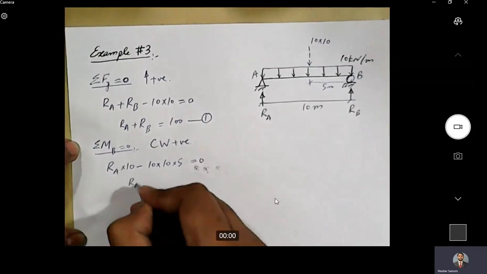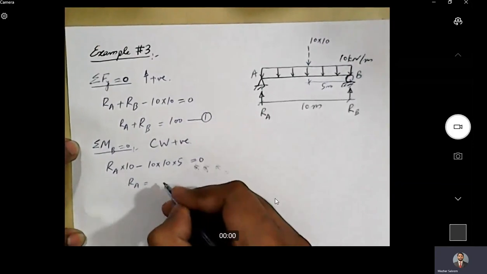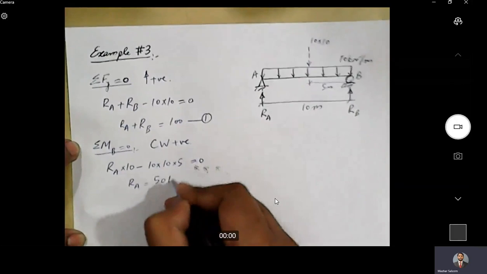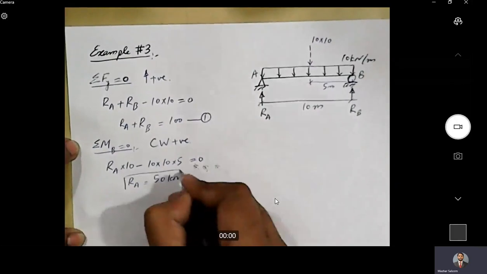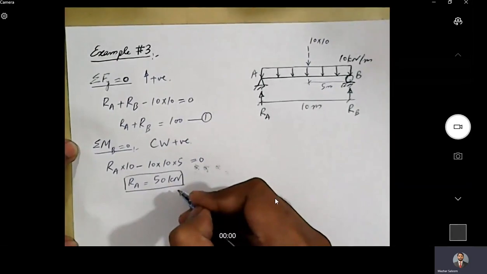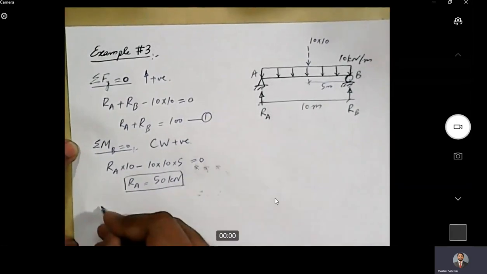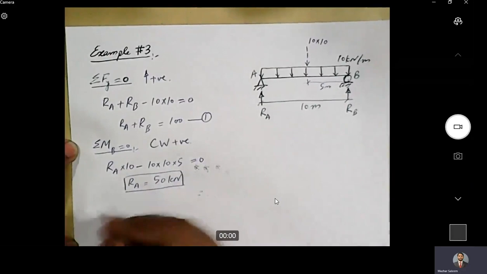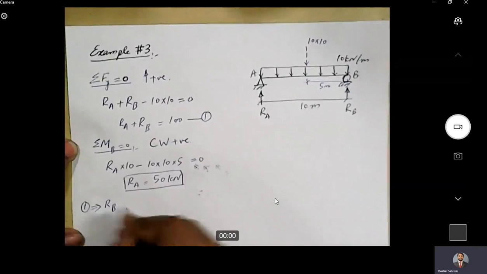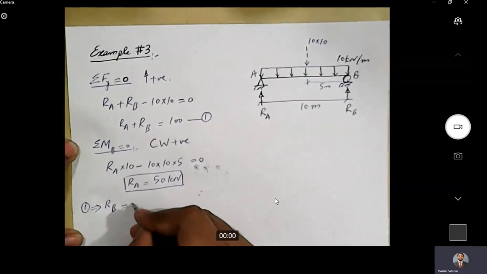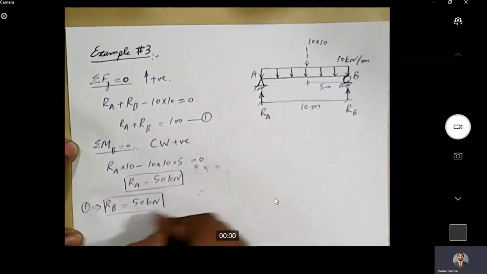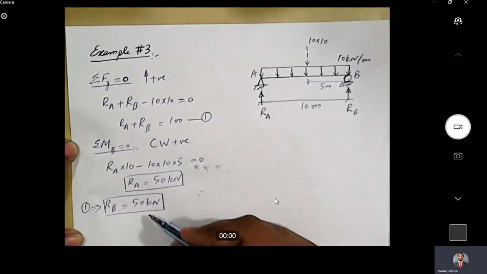And in this equation, we have only one unknown. If we solve the equation for that unknown, we will get Ra equal to 50 kilonewton. And this is positive, which means that our assumed direction of Ra is true. Now let's put that Ra value in equation number 1, and we will get Rb equal to 50 kilonewton.